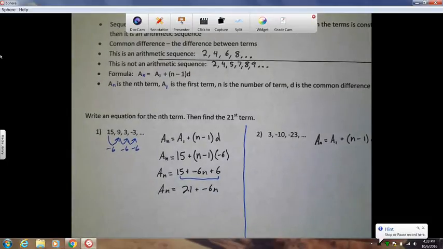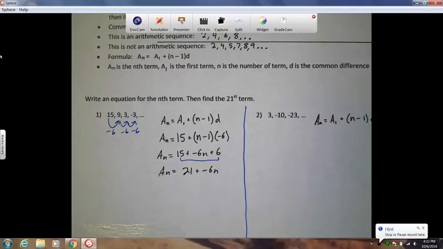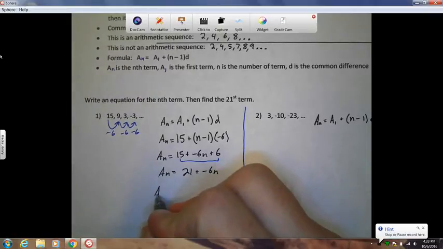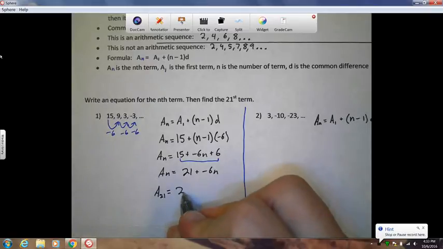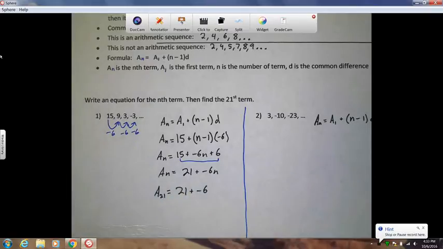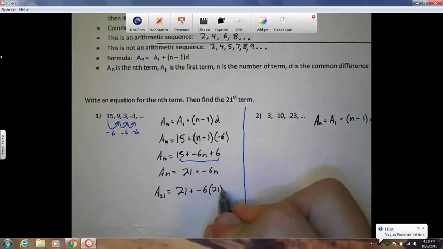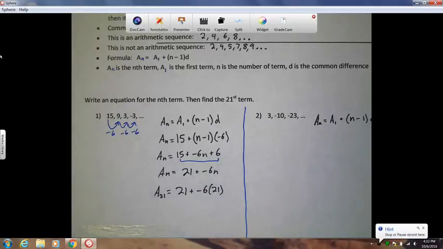There's my equation. Now I want to move on. Now it says find the 21st term. So the 21st term equals 21 plus negative 6. And then since I'm trying to find the 21st term, 21 goes in. Notice how 21 substitutes in.